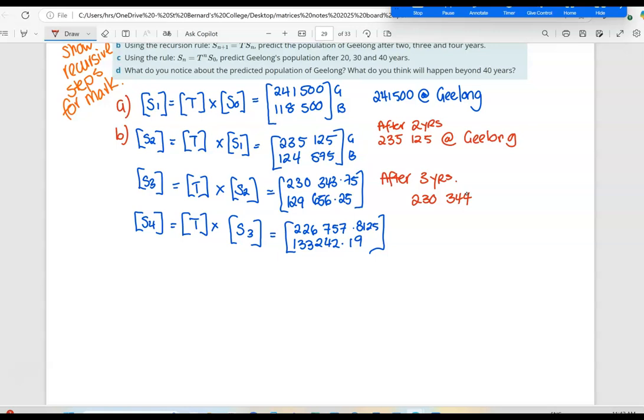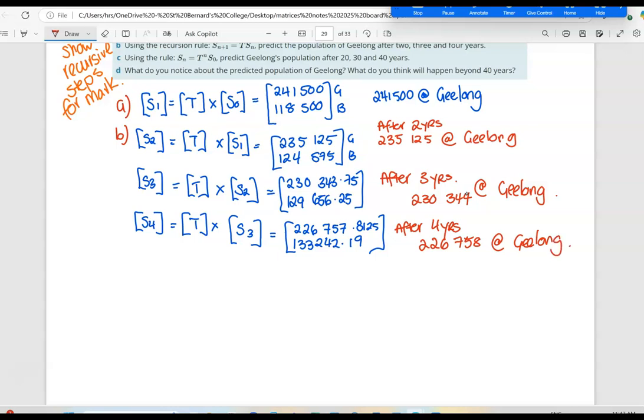It doesn't matter if you don't, because when you're making a prediction, you can have decimals, but that's okay. And then the last one, after 4 years, we've got 226.